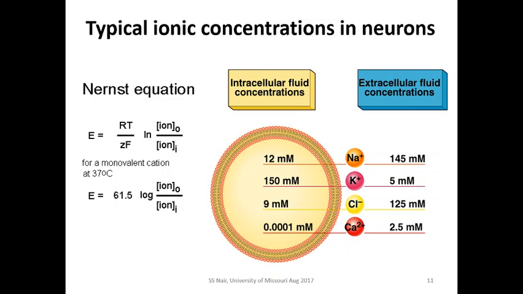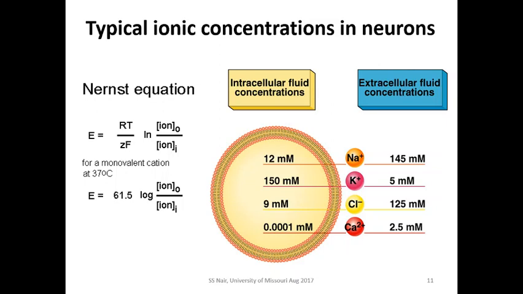We show you typical concentrations in neurons. This is typical. It varies from cell to cell, but typically sodium will have an extracellular concentration of 145 millimolar, and intracellular, it may be about 12 millimolar. Potassium has a higher concentration typically inside the cell than outside. Chloride, which is a negative ion, has a higher concentration outside than inside.